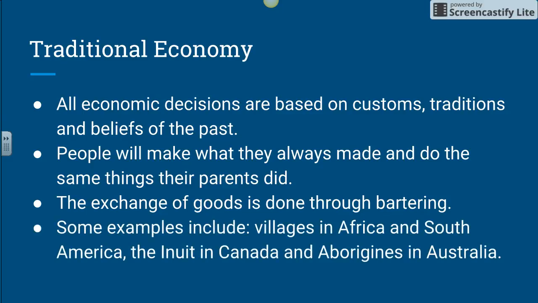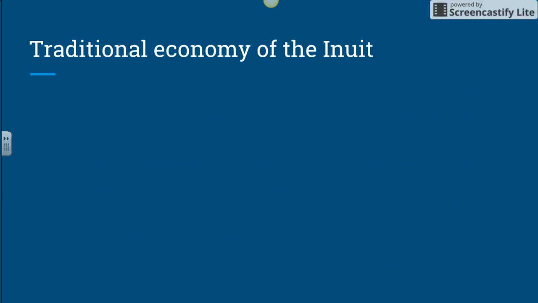Some examples of a traditional economy include villages in Africa and South America, the Inuit in Canada, and Aborigines in Australia. Here are a couple pictures of the traditional economy of the Inuit.